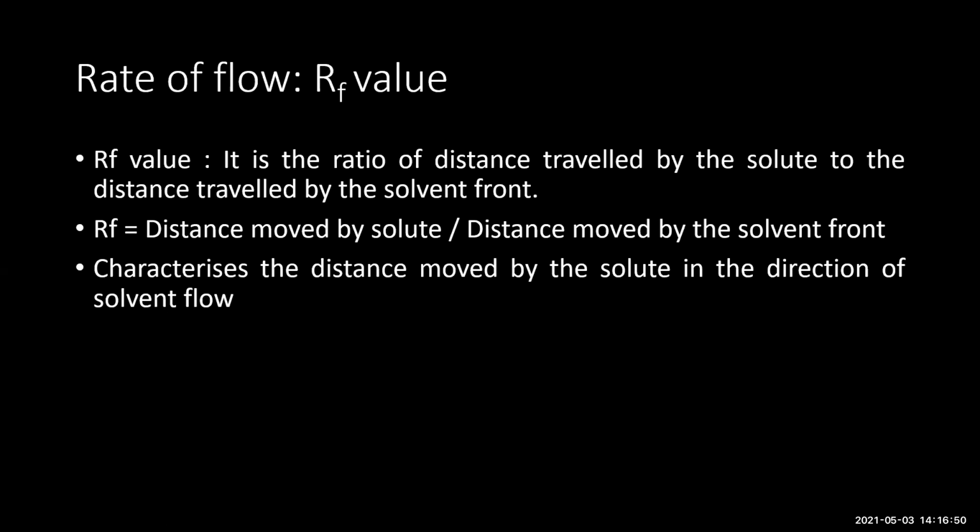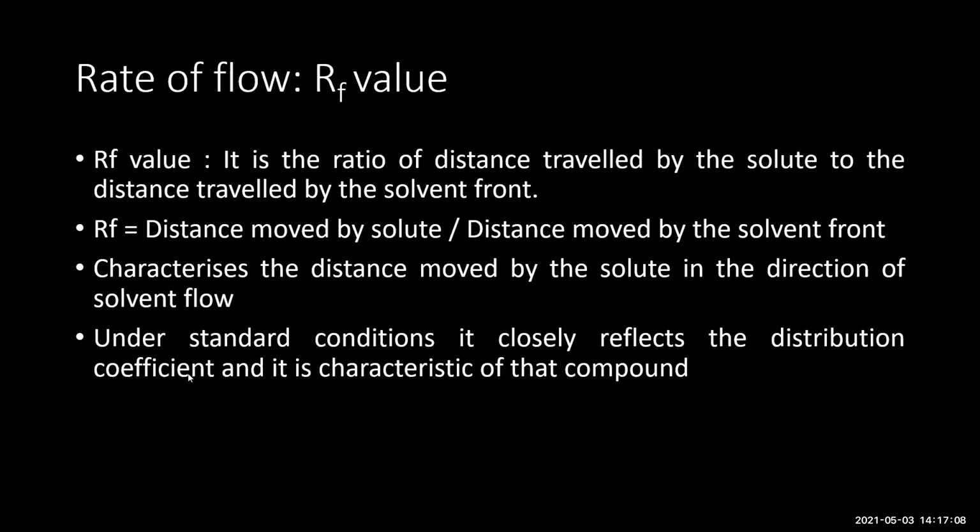So RF value gives us a number to check the distance that has moved along with the solvent. So how the solute moves along with the solvent, we can give a graphical or a numerical representation to it. Under standard conditions, it closely reflects the distribution coefficient and it is characteristic of that compound.